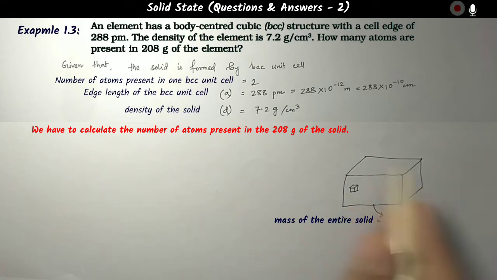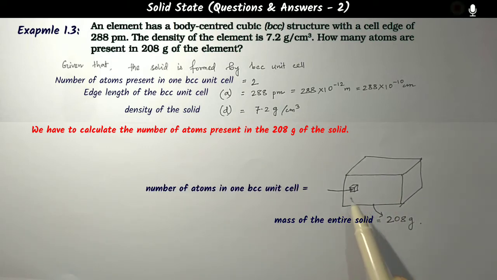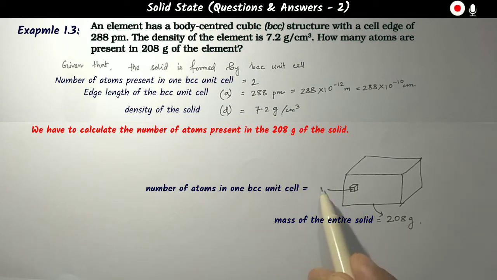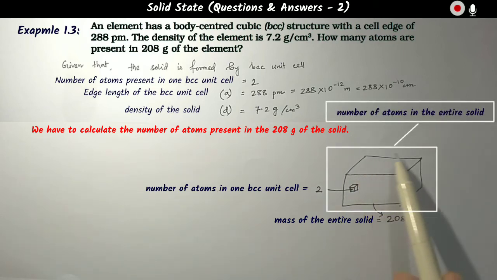We already know that this is a BCC unit cell, which means all the unit cells present inside this solid are BCC unit cells. So the number of atoms present inside one unit cell is equal to 2. Understand why it is 2? Because in case of BCC unit cell, the number of atoms present inside that unit cell is 2. Our aim is to calculate the total number of atoms present inside this solid.